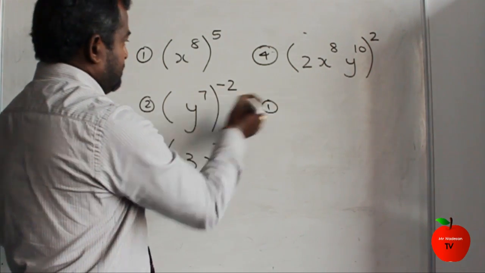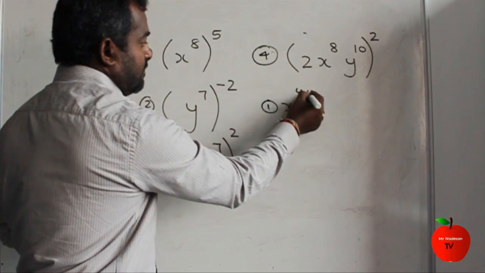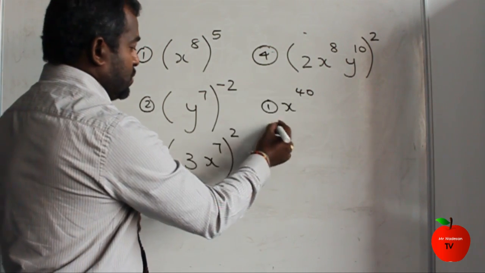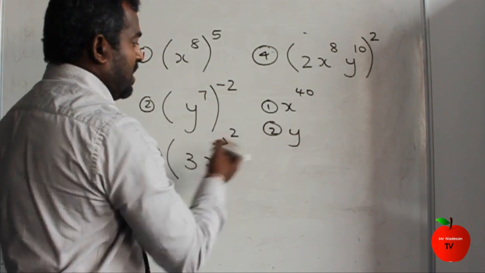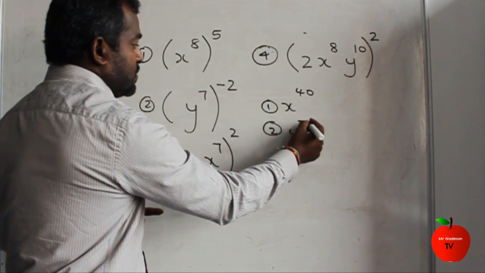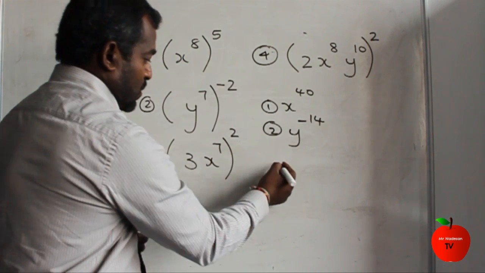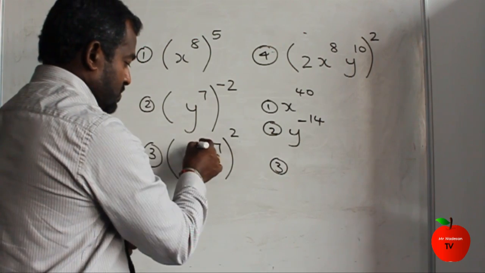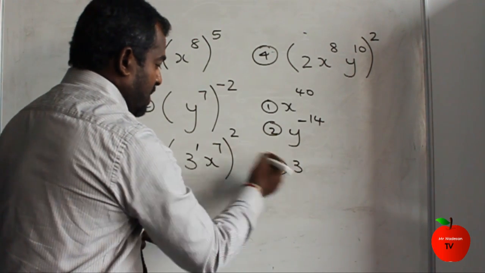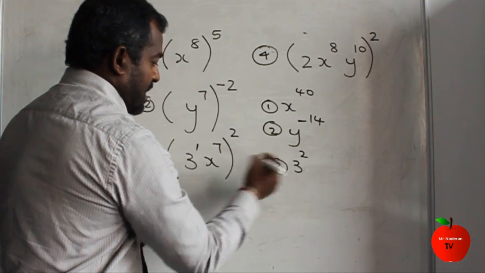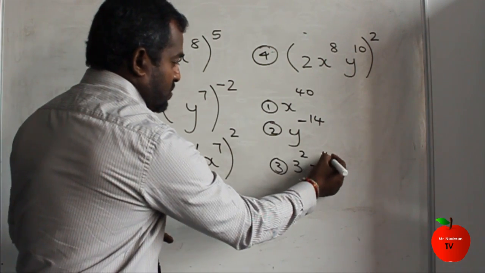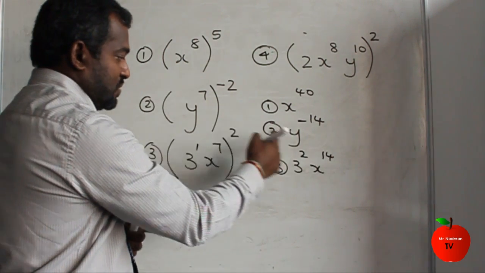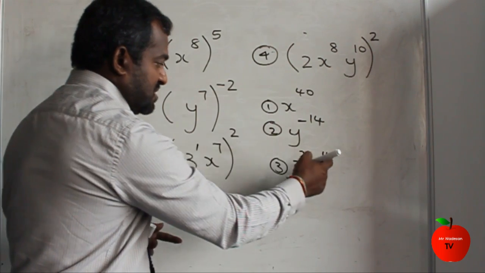Question number 1, we have x to the power 40. Question number 2 is y to the power 7 times minus 2, which is minus 14. Question number 3, the power 1 becomes 3 to the power 2, and then x to the power 14, because 1 times 2 is 2, 7 times 2 is 14.